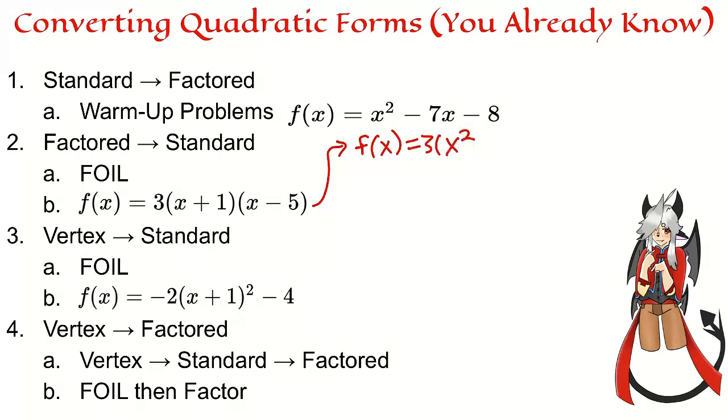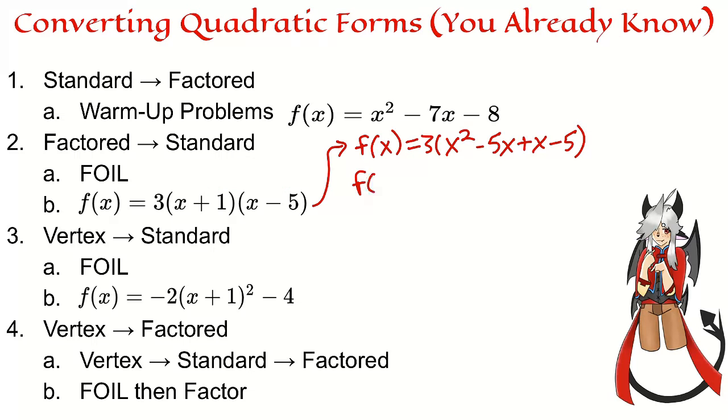And notice that I put this in parentheses here because I have to multiply the 3 times the result. Outers, x times negative 5 is minus 5x. Inners, 1 times x is plus x. And lasts, 1 times negative 5 is negative 5.